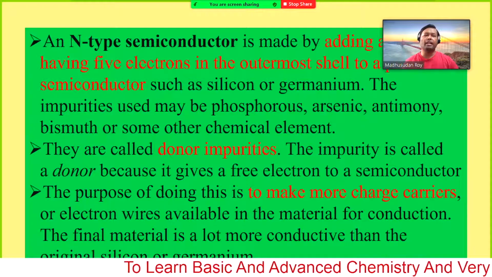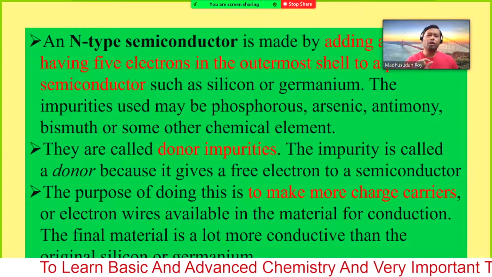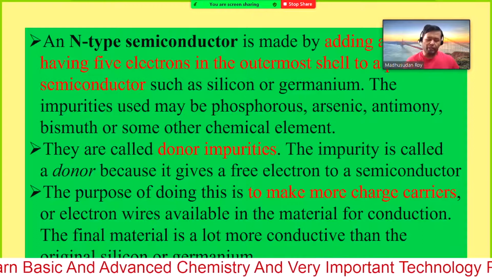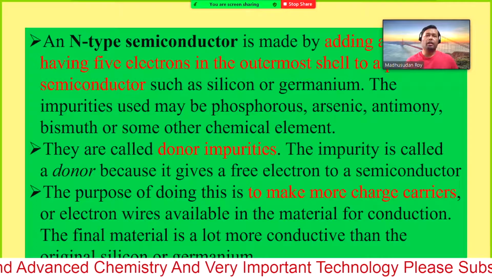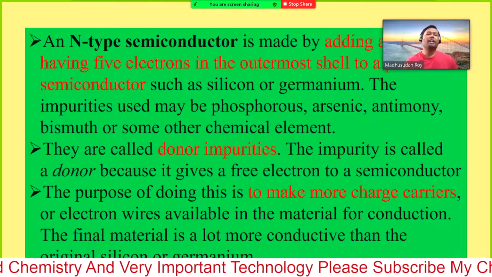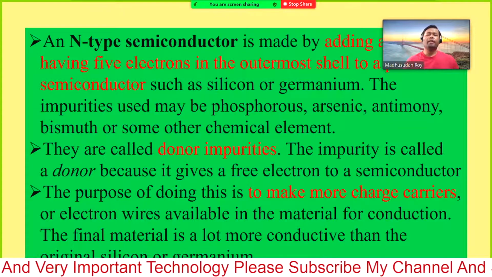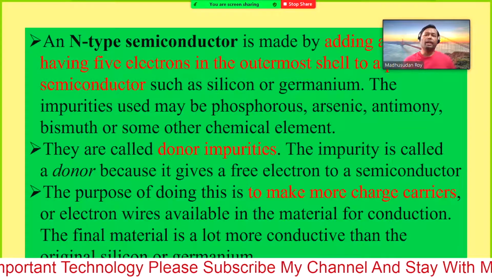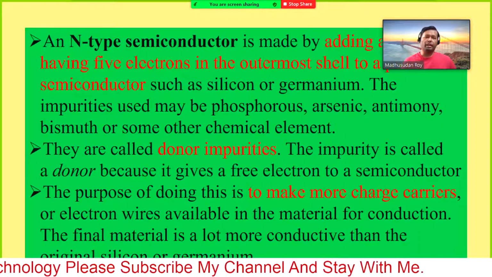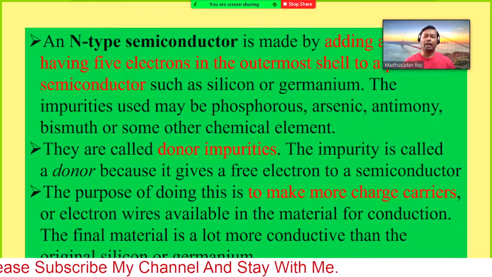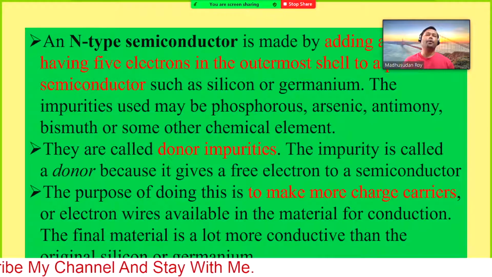In the previous slides I mentioned donor elements and acceptor elements. Donor elements are those that have one extra electron that can be donated, known as donor impurities.